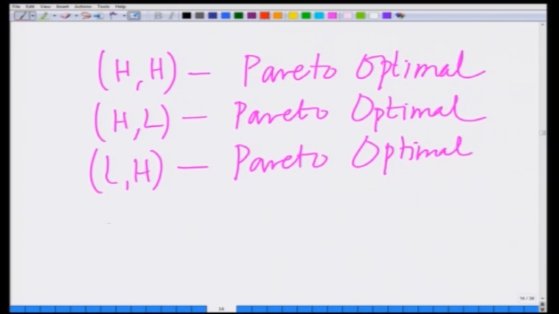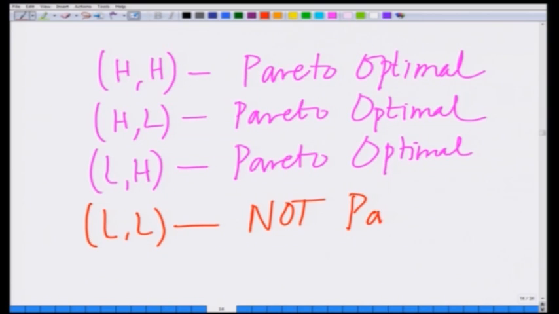The Nash equilibrium outcome L comma L is unfortunately not Pareto optimal, since there is another outcome through which both of them can simultaneously increase their payoff. Therefore, L comma L, which is the Nash equilibrium outcome, is the only outcome in the game which is not Pareto optimal. In fact, this is characteristic of games such as the prisoner's dilemma game.